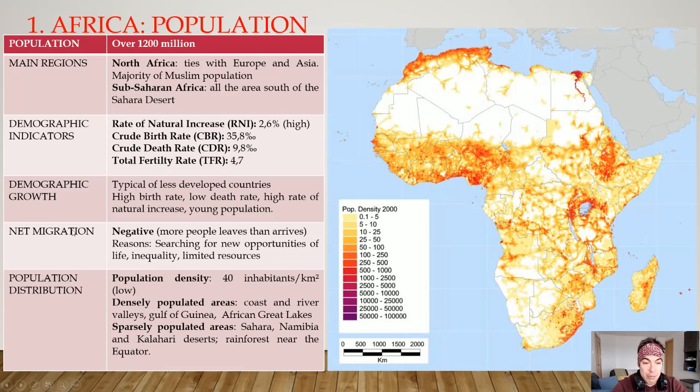How is the net migration rate? It is negative. It means that more people leave the continent than the ones who arrive. Why is that? Because people are searching for new opportunities in life. Because Africa is the poorest continent in the world, people usually leave Africa in order to search for better opportunities.